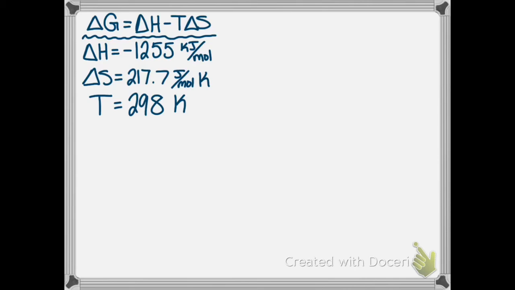Now, if we take a look at those units again, just to make sure, our delta H and our delta S values have different energy units, which means that we need to convert one or the other. Remember, you have the choice of converting to kilojoules or converting to joules. I'm going to do kilojoules to joules here, so we're going to set up our railroad tracks. We're going to put our negative 1,255 kilojoules per mole on our first column of our railroad tracks.